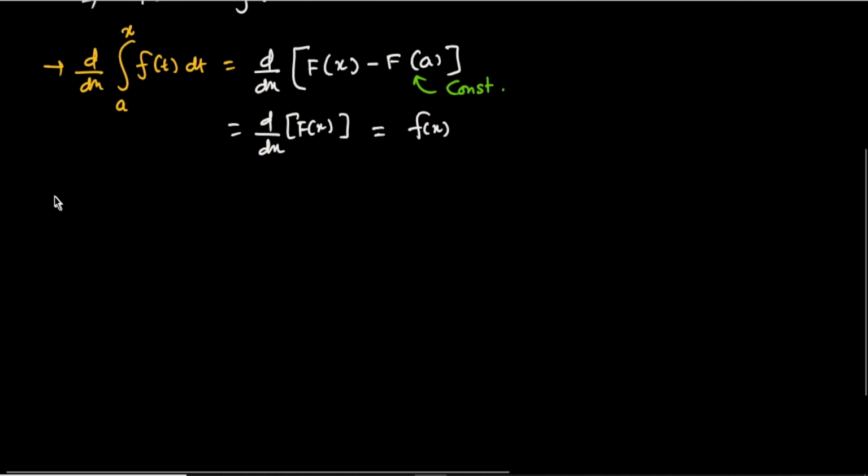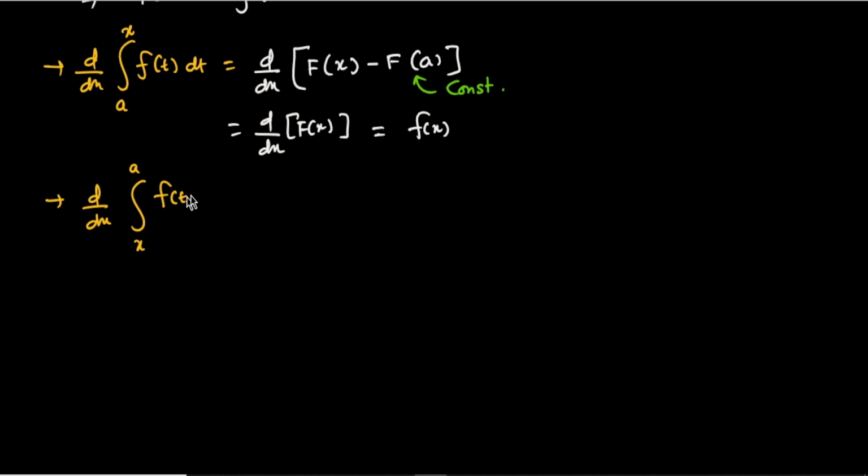Our next problem is differentiation with respect to x, where the upper limit is a constant a and the lower limit is x. Then what will be the answer of this expression?